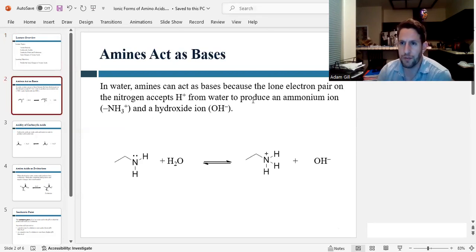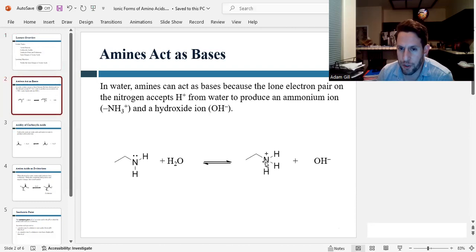So think back to chapter 14 when we were looking at amine functional groups. One of the reactions that they could do is in the presence of water, they act as a base. And so this lone pair on the nitrogen can steal a hydrogen from water, and it becomes an NH3.